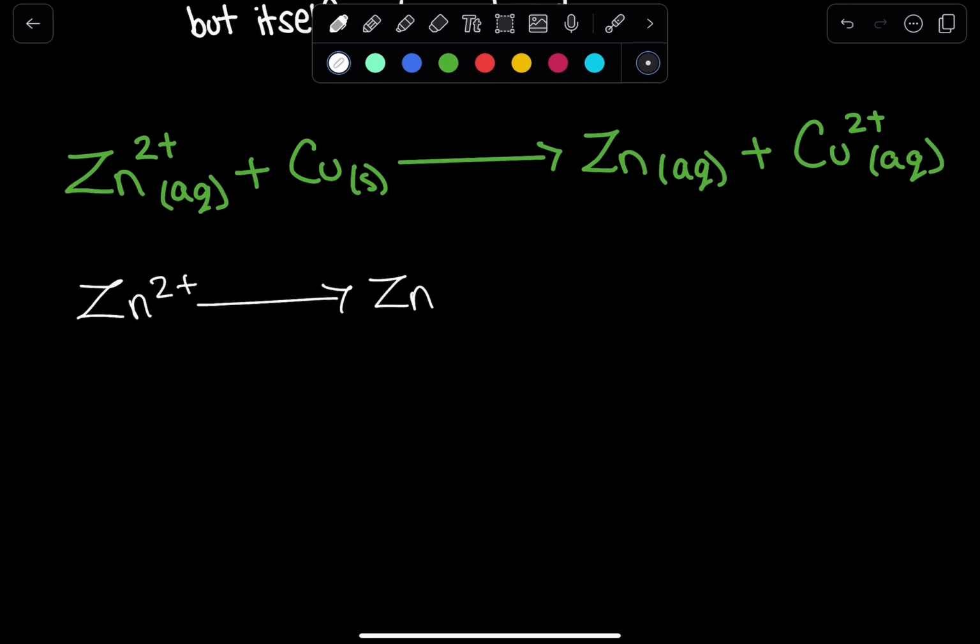So zinc is gaining electrons, so it's being reduced. But copper, on the other hand, starts off with a charge of 0, and it becomes copper 2 plus. It's moving towards a positive direction, so it's losing electrons, and LEO says GER, so copper is being oxidized.